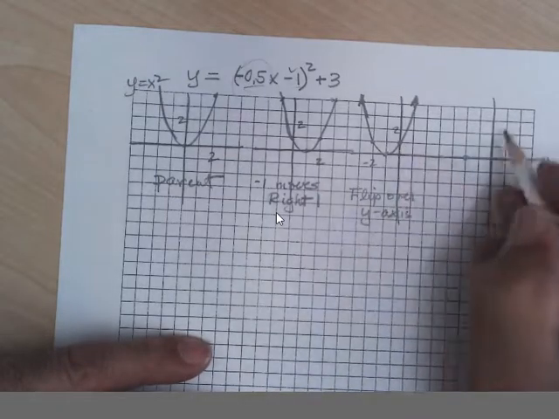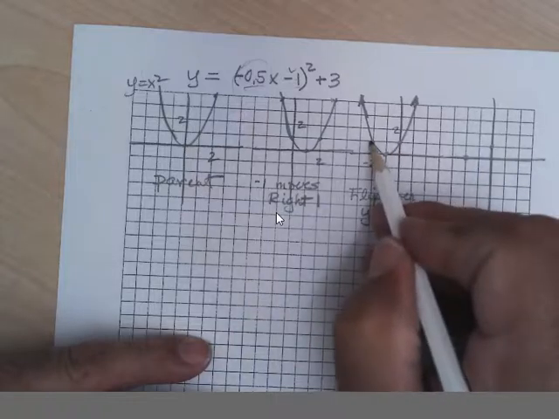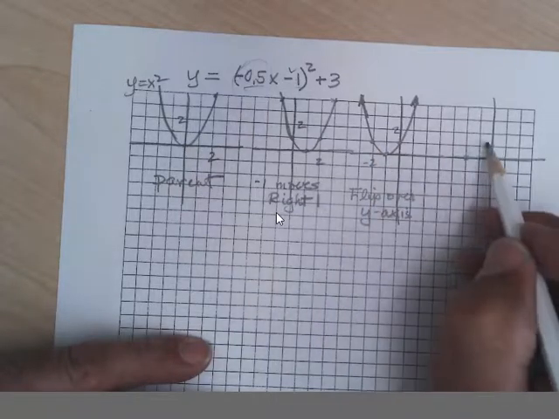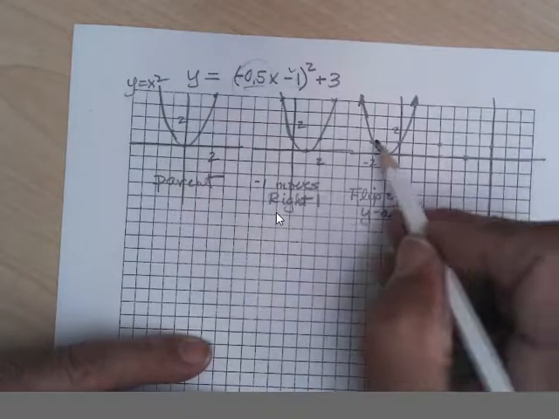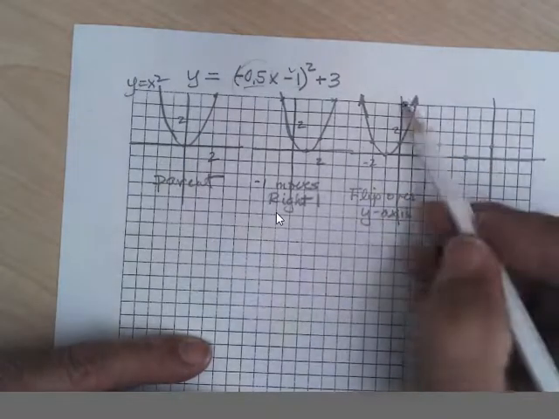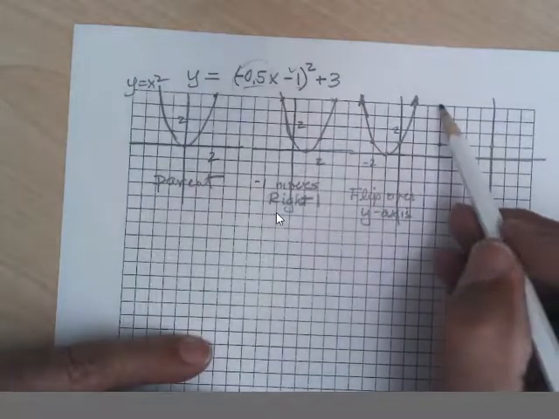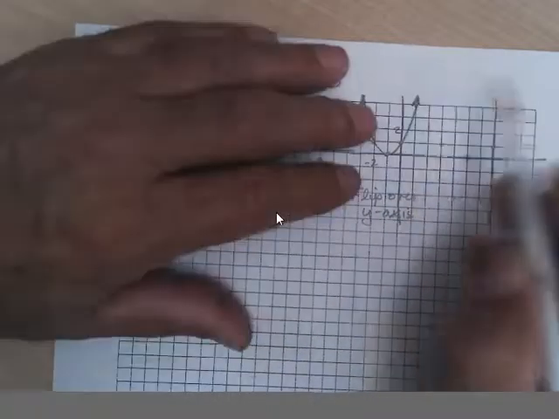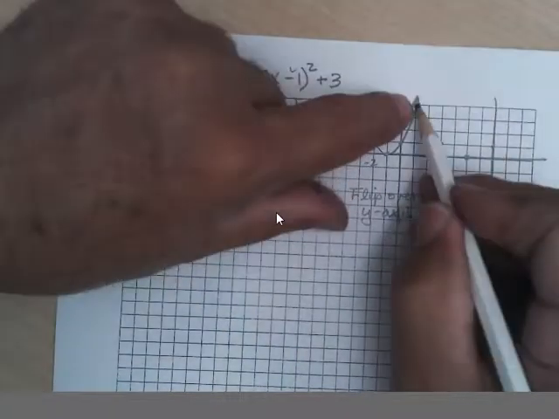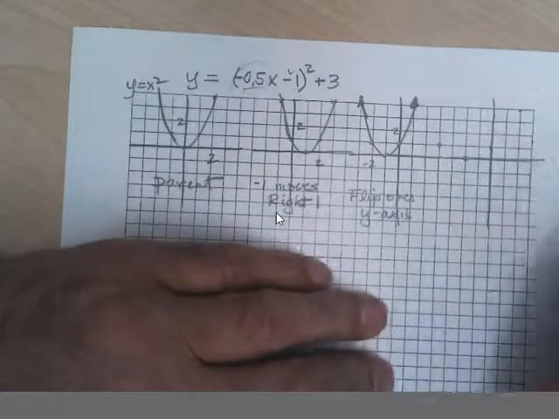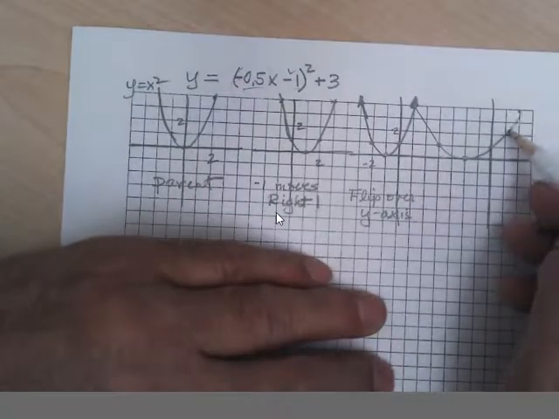This point's right on the y-axis, so it doesn't move. This point here is 2 away, so it goes to 4 away. -2, so it goes to -4. And up here, this was 3 away, so it goes to 1, 2, 3, 4, 5, 6 away. So it goes there, there, there, there. And this that's 1 over goes to 2 over to that side. So it looks like that.